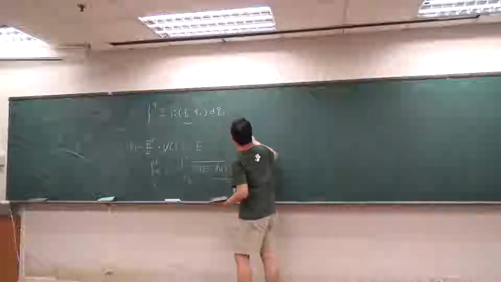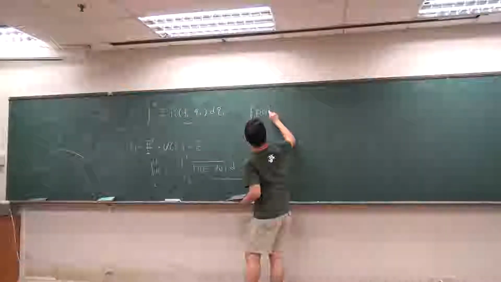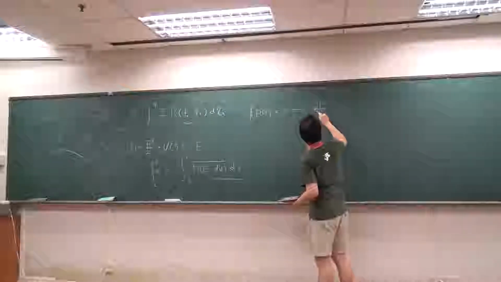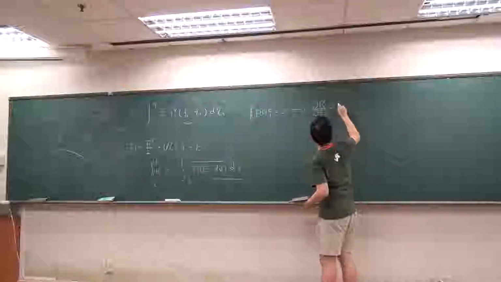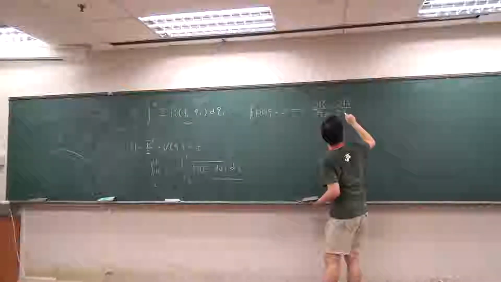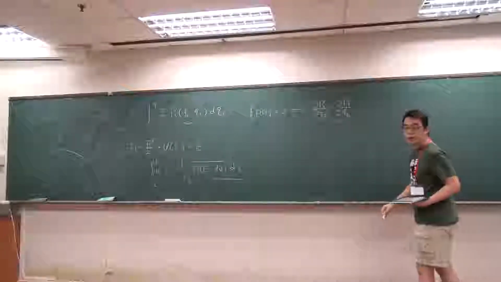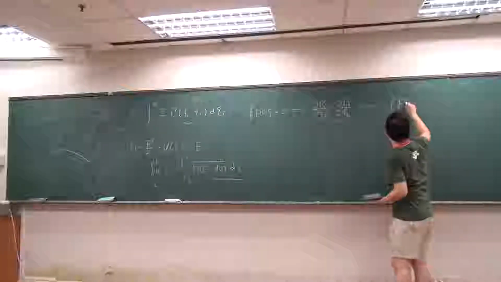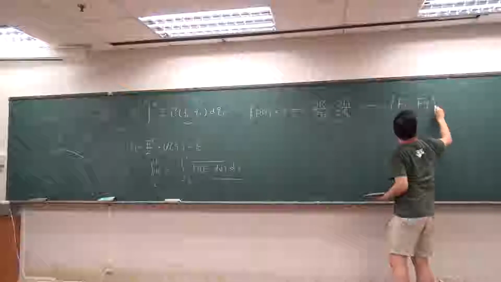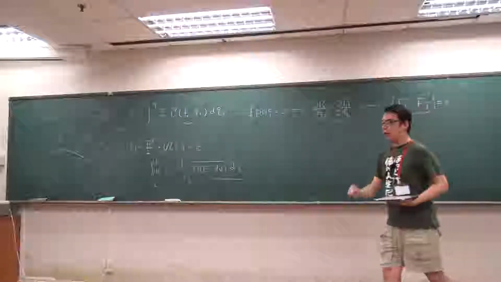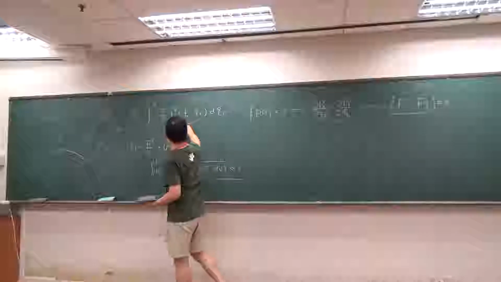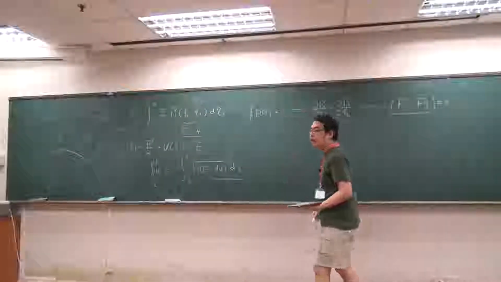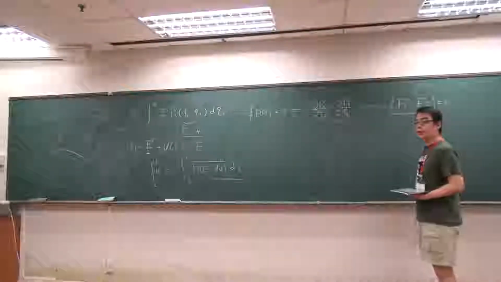And that can be ensured by this condition, okay? And this condition can be implied by the fact that the various quantities you are setting Fi equal to constant actually Poisson commute with each other.